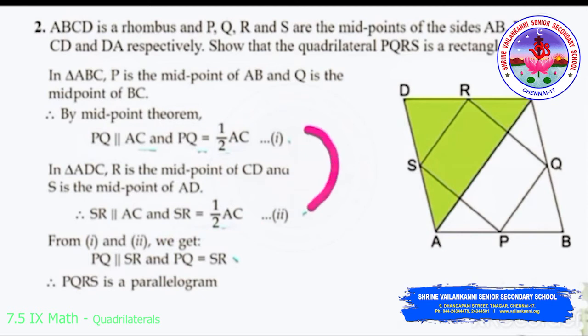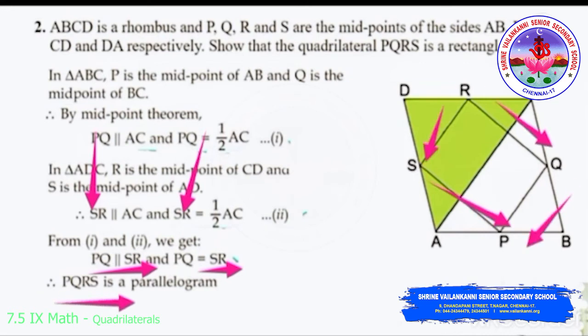Now comparing equation 1 and 2, PQ is parallel to AC, SR is parallel to AC, so PQ is parallel to SR. Similarly, PQ is equal to half of AC, SR is equal to half of AC, so PQ is equal to SR. So we proved that PQ is parallel to SR and PQ is equal to SR. So PQRS becomes a parallelogram.